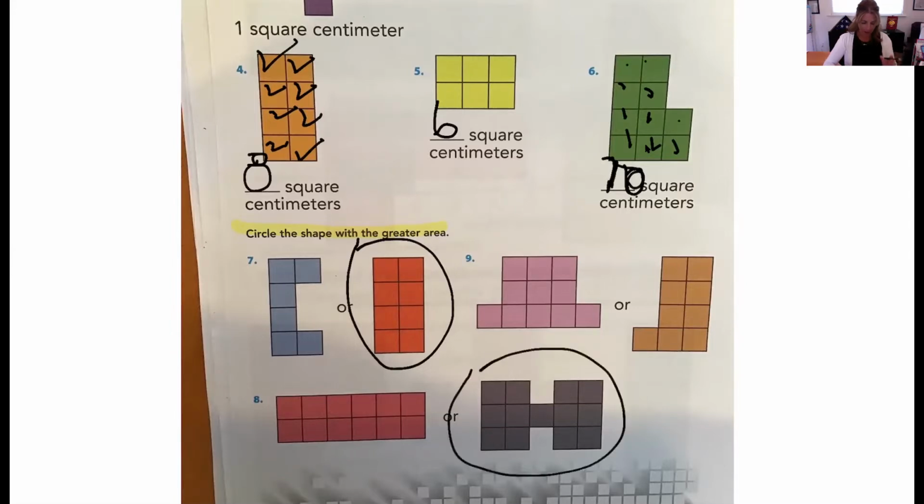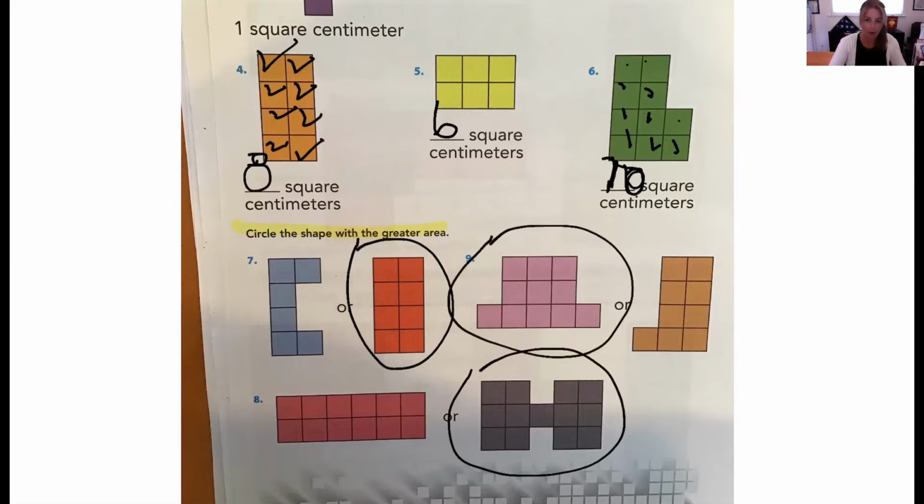Okay, did you circle that one? Good. Me too. And number 9, the pink or the orange one. Which one is the greater area? You go ahead and take a minute to circle it. Did you choose this one?